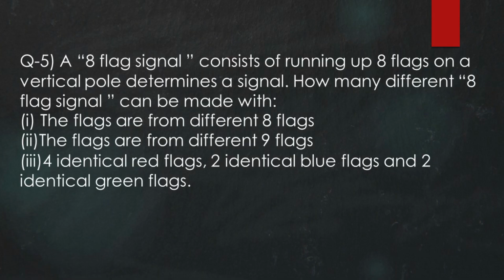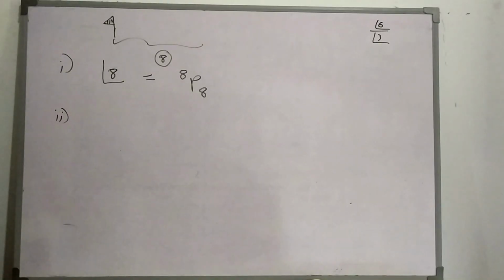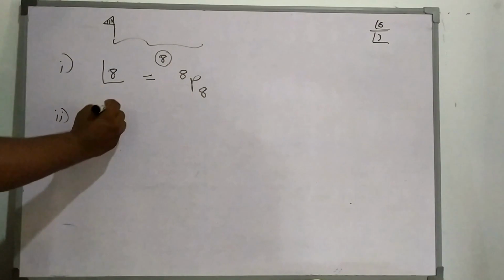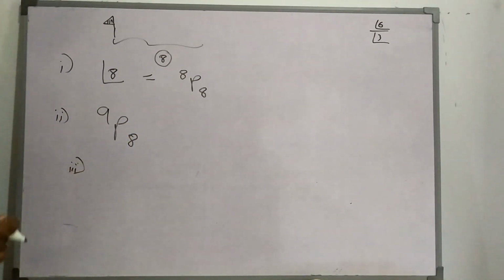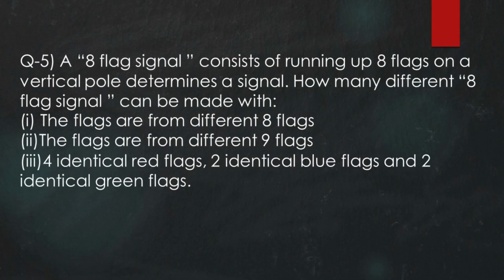So the next one is the flags are from 9 different flags. Now we have 9 different flags, but we are using only 8. So this is under the third theorem, right? 9P8. Simple. The next part: 4 identical red flags, 2 identical blue flags, and 2 identical green flags.